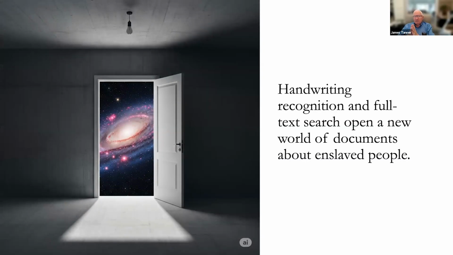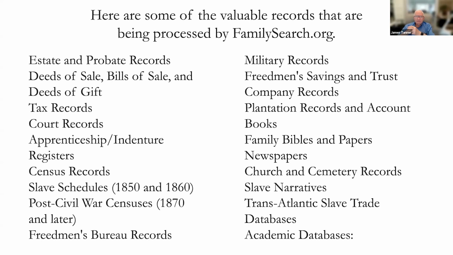So what this means is that handwriting recognition and full text search open a whole new world of documents about enslaved people. There are all sorts of these documents out there. If we go looking at the documents here, these are the types of records that are available to be processed.